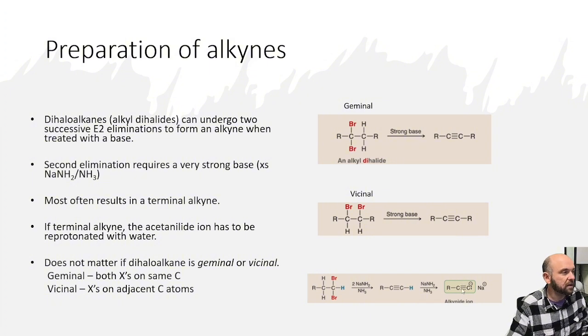And we can easily put that hydrogen back on by just throwing some water in our flask. That alkynide ion is strong enough base to remove a hydrogen from a water molecule and reprotonate itself. So that's really how we take care of that.